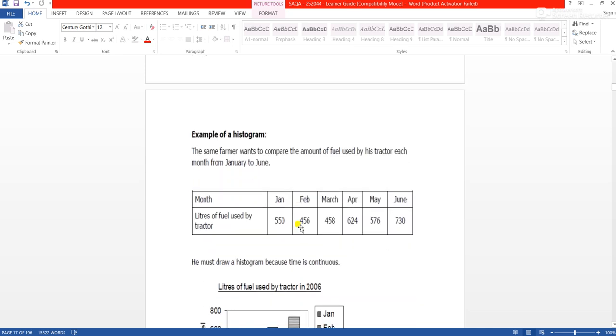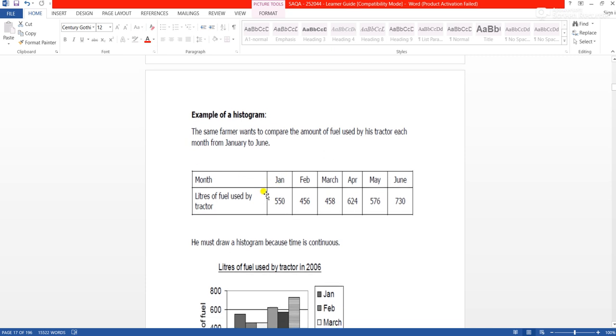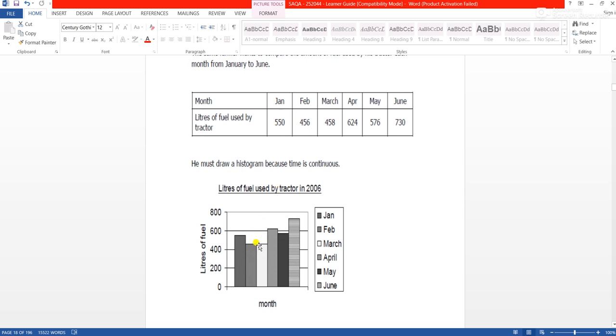In this example, I've got the data table that was drawn up. In this instance, because 2000 and 2001 are continuous, there is no space.